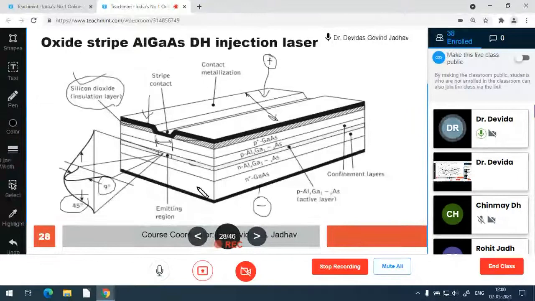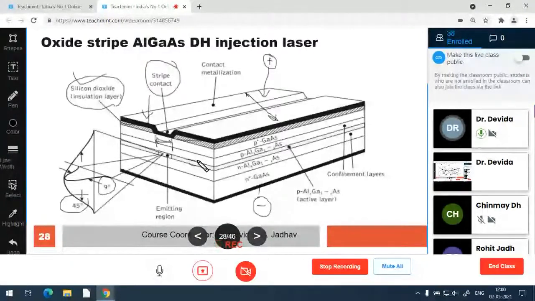But the charged particles due to this battery flow only through a very small width, and that is achieved by the strip geometry. Only a strip contact is created. So this strip geometry makes the double heterojunction active layer very thin width wise, height wise it is very thin, and breadth wise it is also made very small.